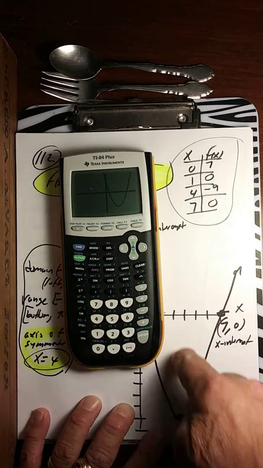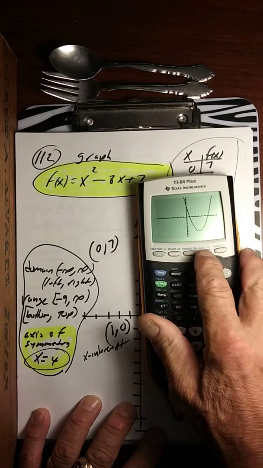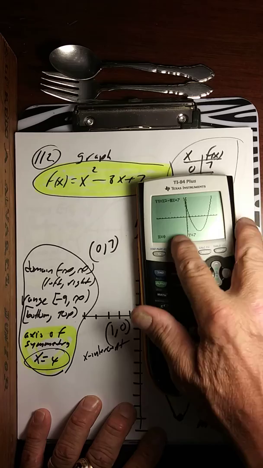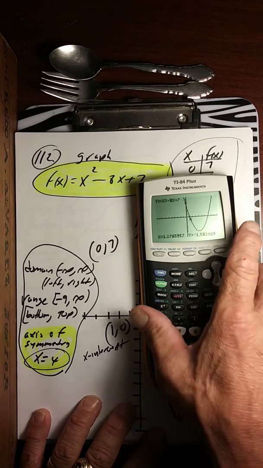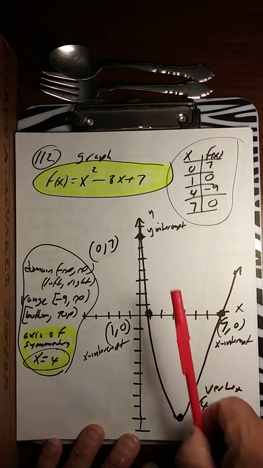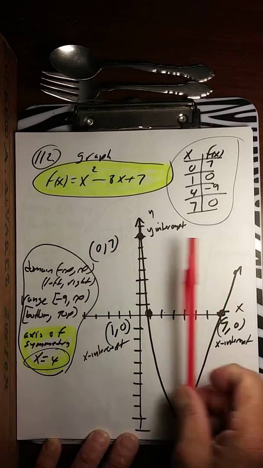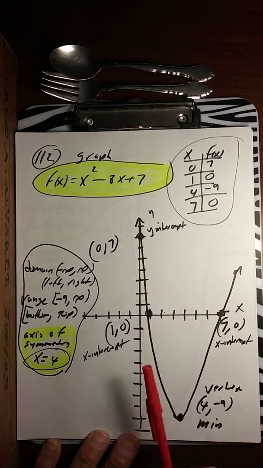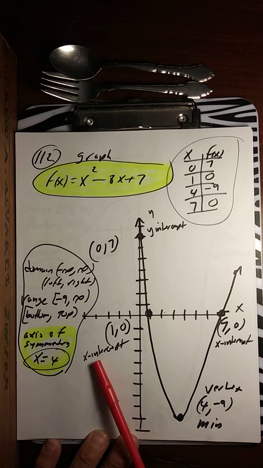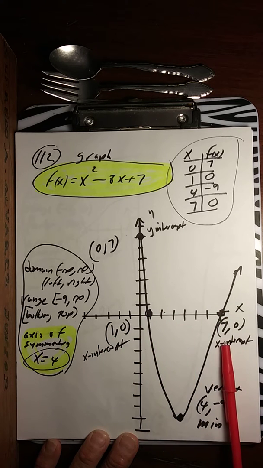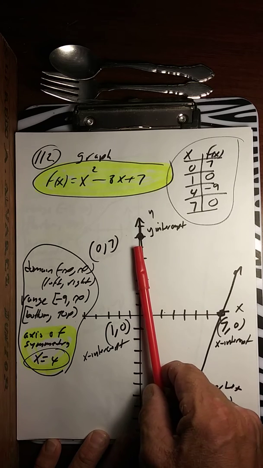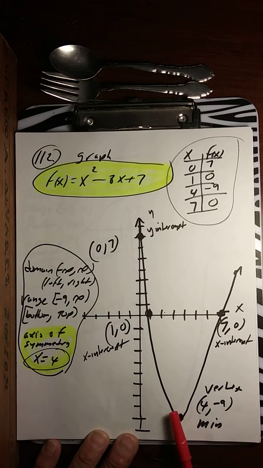So it goes on this side somewhere. Do a trace if you want to get some points like 0, 7 and so on. But anyway, here's our graph. And we know that the domain is negative infinity to infinity. We have 1, 0, x-intercept, 7, 0, x-intercept. Y-intercept is 0, 7. Vertex is 4, negative 9.